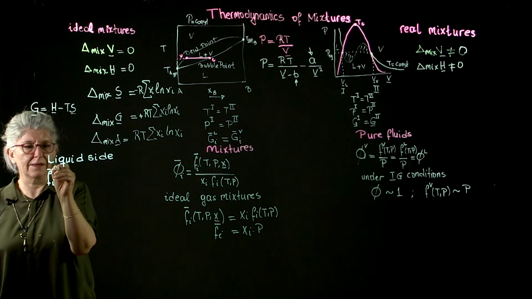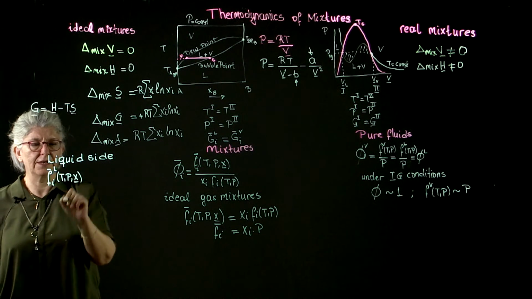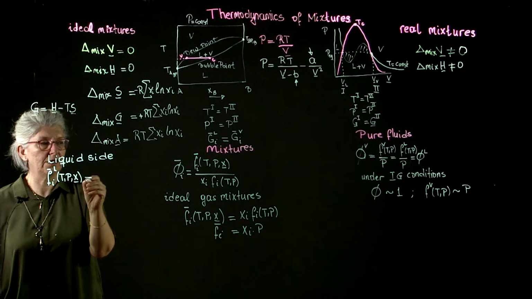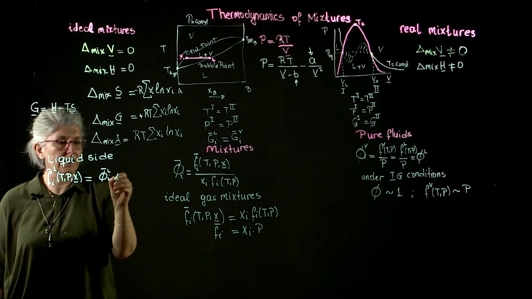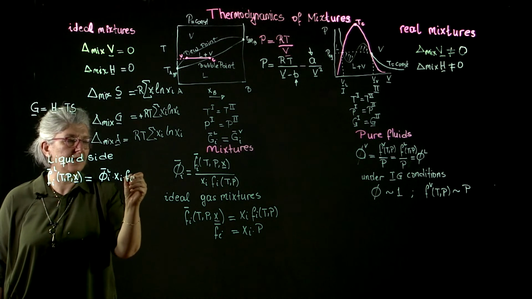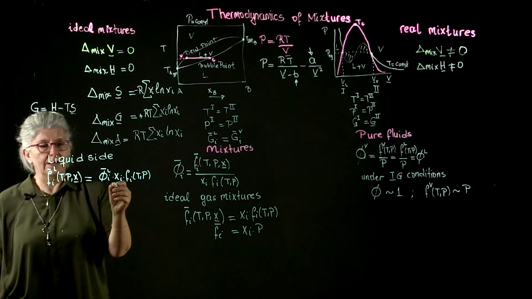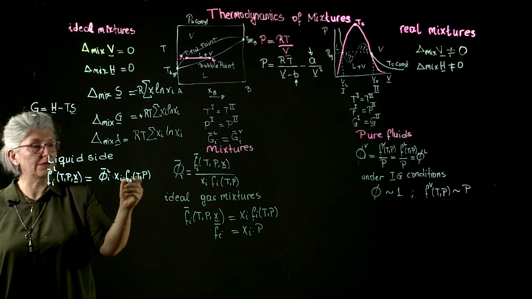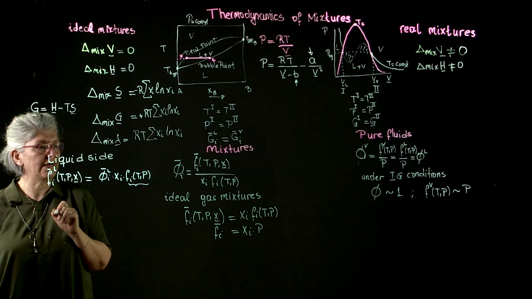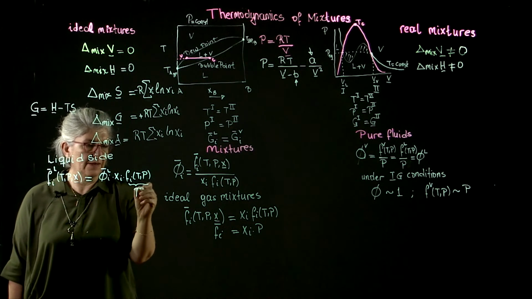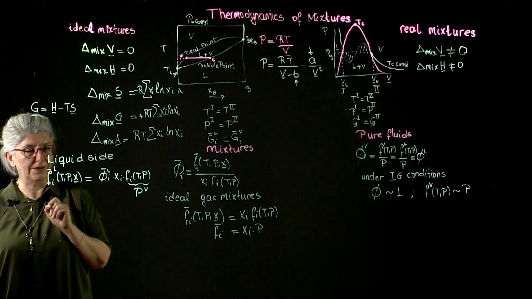The fugacity, which is a function of temperature, pressure, and mole fractions of all the constituents, should be equal to the fugacity coefficient of the liquid side times mole fraction times fugacity of component I at this given temperature and pressure. Now the pure component fugacity of component I in the liquid state can be approximated by the vapor pressure of the fluid.